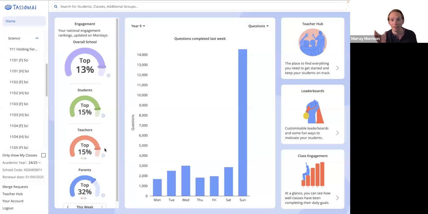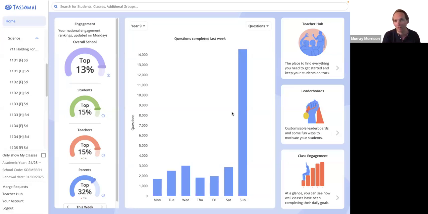So if your colleagues all set one group quiz every day, you will be the top school in the country overnight. But it's a rolling ranking over a few weeks, so you'll see it climb up.